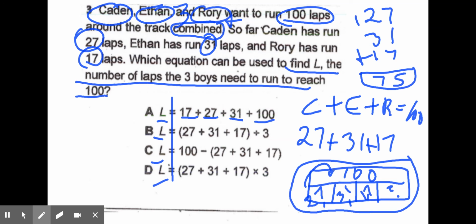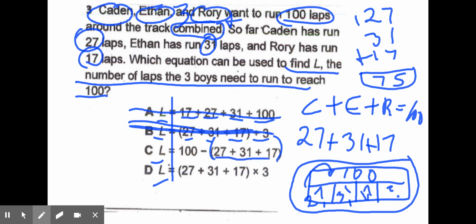Well, let's look at B. We know A's wrong. B says add up the boys and divide by 3. Was there any clue word up there that told us we were going to divide? No. We saw combine, but that was about it. How about C? C says 100 minus 27 plus 31 plus 17. When they put these little parentheses here, they're telling you to do that part first.